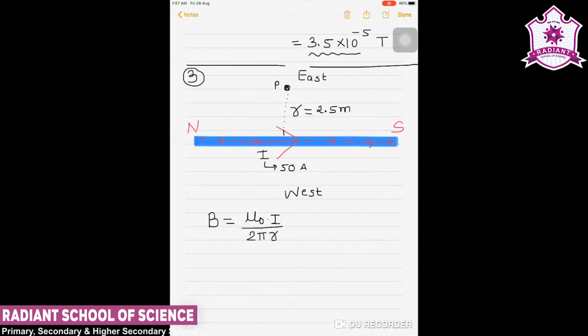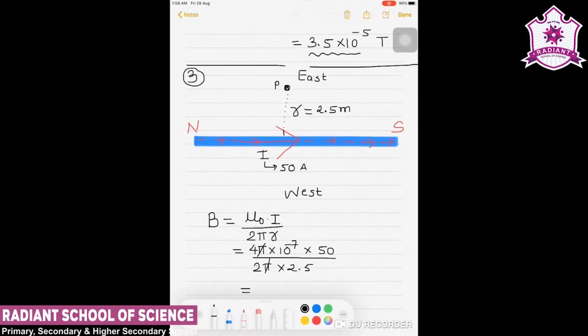Now when we apply these values, we get 4 pi into 10 raised to minus 7, value of current is 50, and here 2 pi into r, that r is 2.5 meter. When we solve this, pi cancel out each other. Then 2 2's are 4.